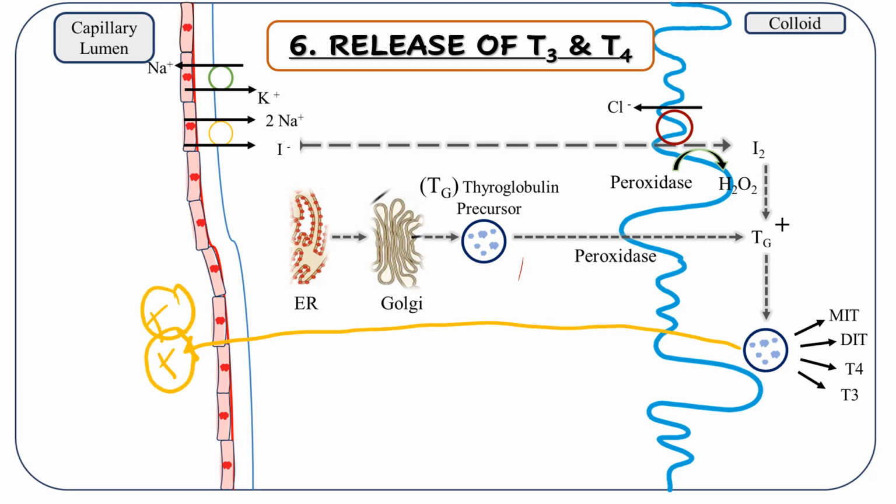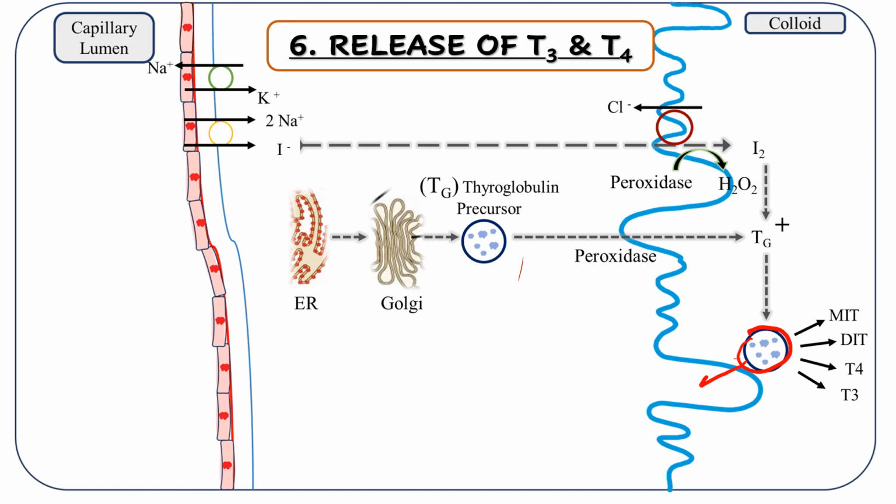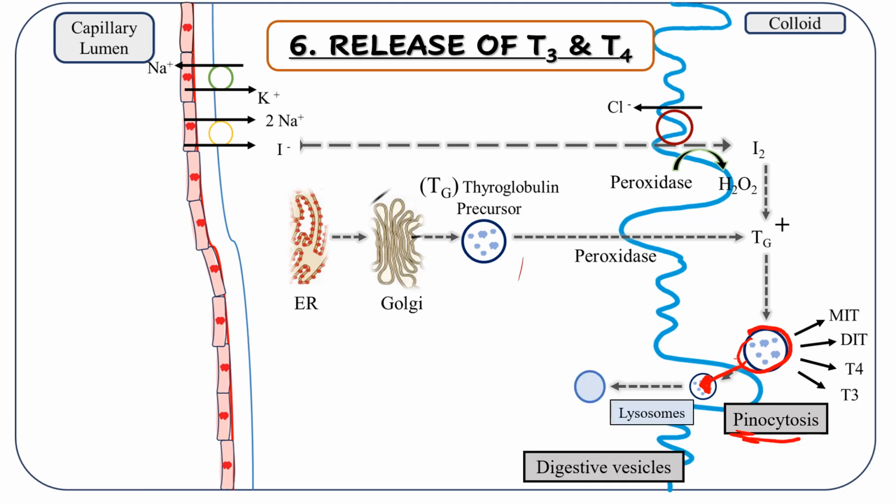So what happens exactly? Let's understand what happens. This thyroglobulin along with the entrapped thyroid hormones is now endocytosed inside the thyroid follicle cell from the intraluminal colloid, and this process is called endocytosis or pinocytosis. Inside the thyroid follicle cells we have an important organelle called the lysosomes. These lysosomes contain digestive enzymes, and they secrete enzymes called proteases.